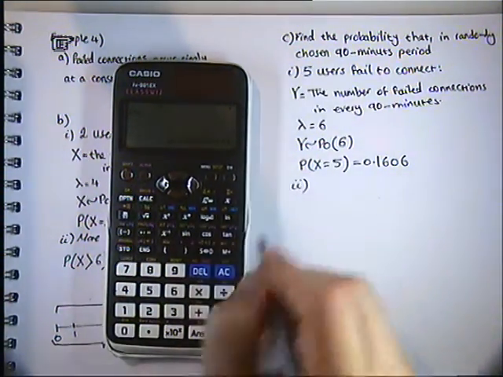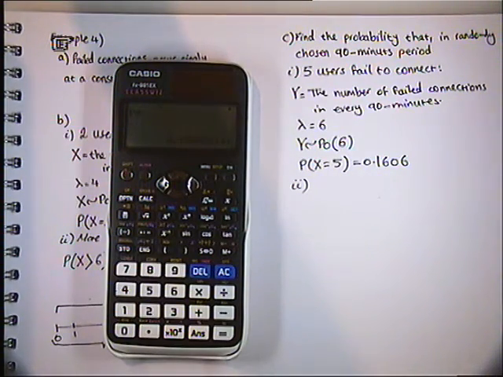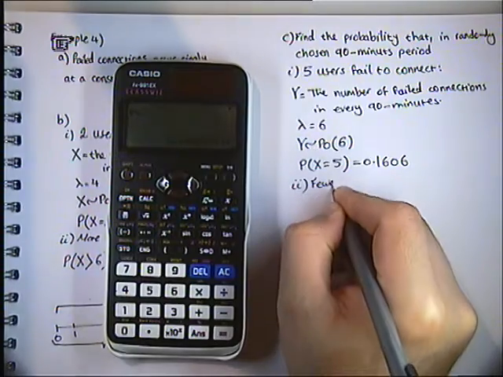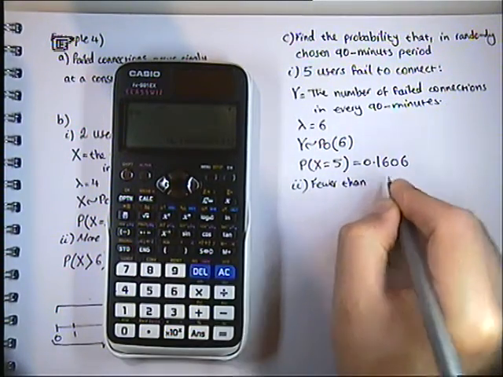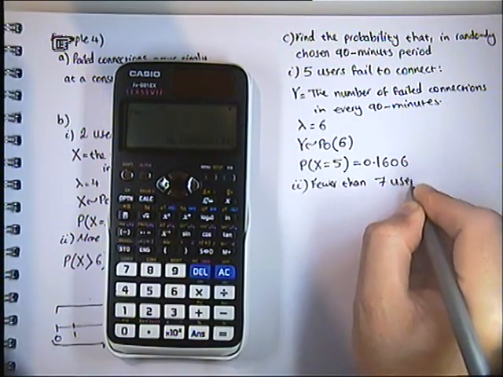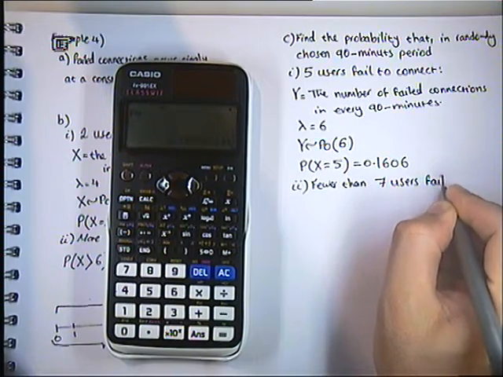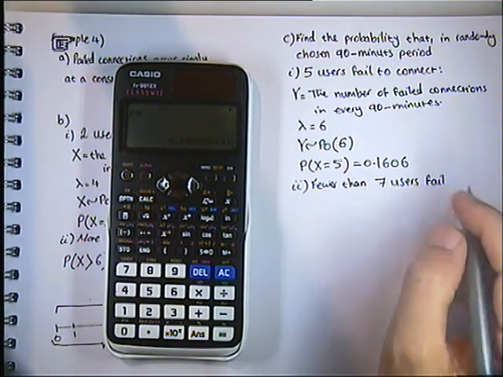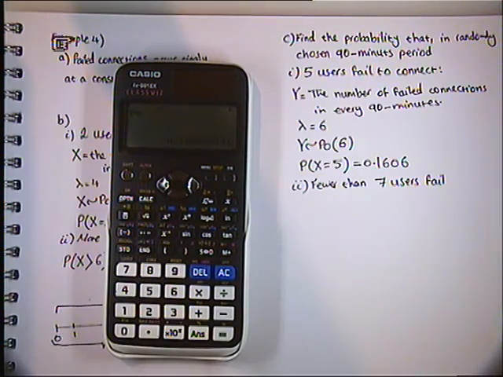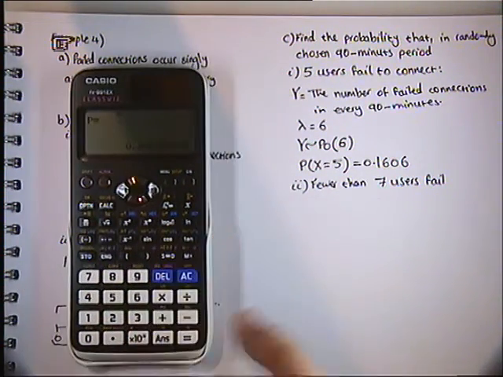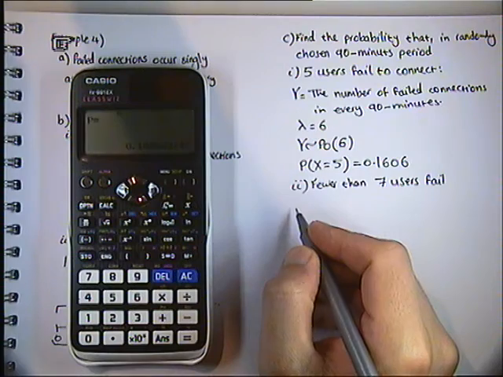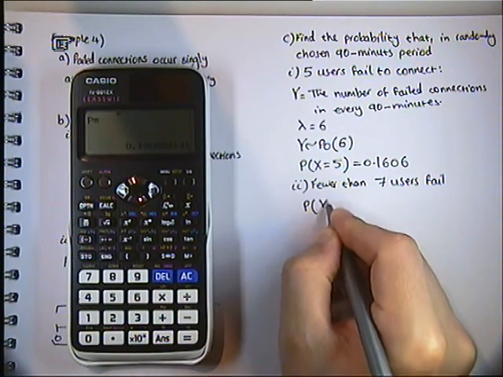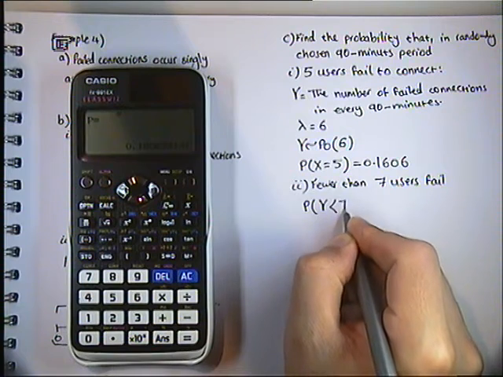Okay, part 2 of question B. Fewer than 7 users fail to connect in every 90 minutes. So fewer than 7, meaning probability of random variable y is less than 7.